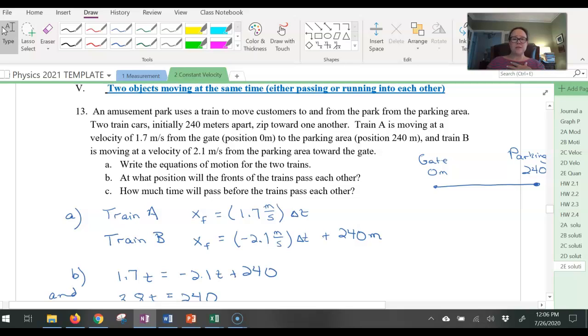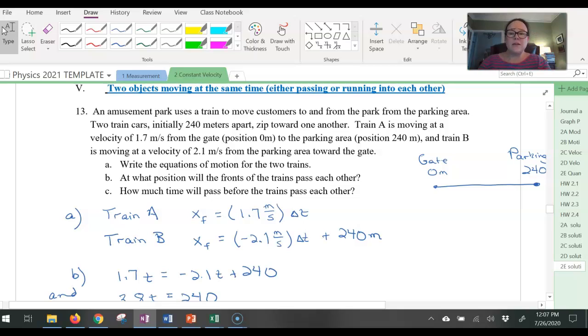And so here it says that there are two trains. They're initially 240 meters apart, but train A is moving at a velocity of 1.7 meters per second from the gate, which is at the origin, to the parking area, which is at 240 meters. And train B is moving at 2.1 meters per second from the parking area toward the gate.